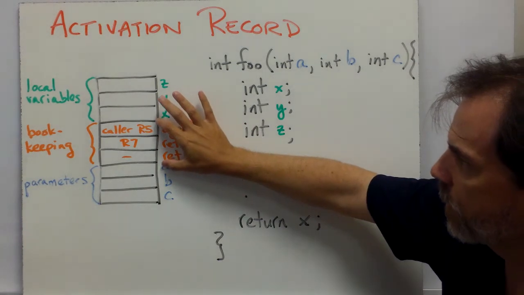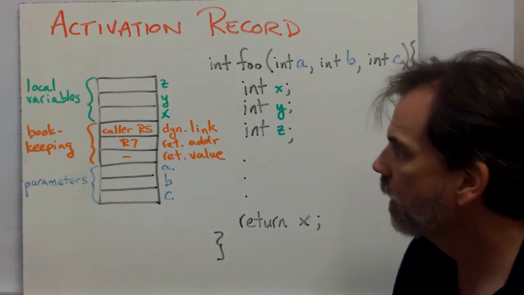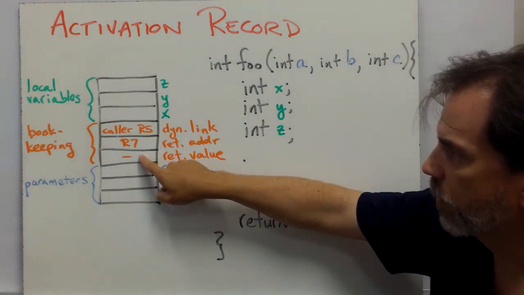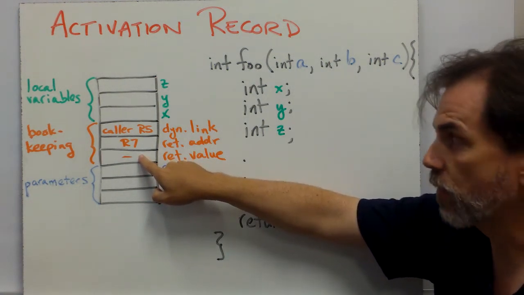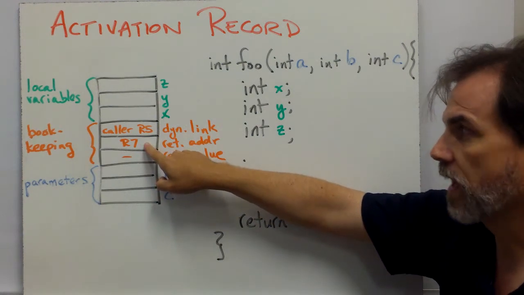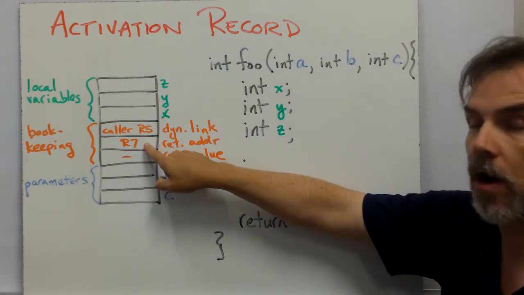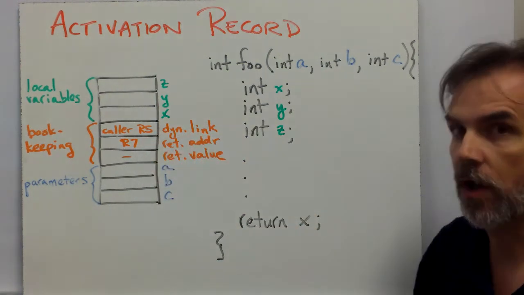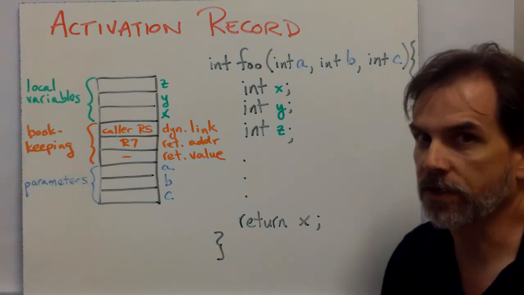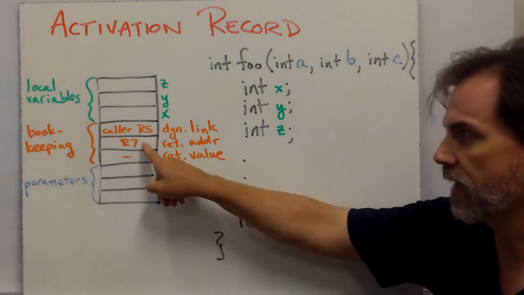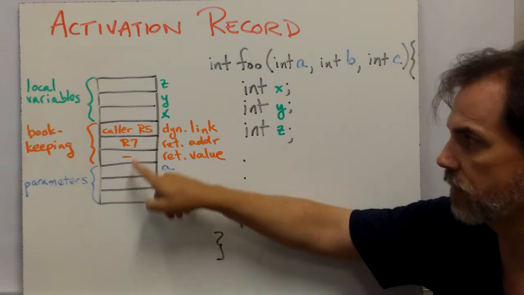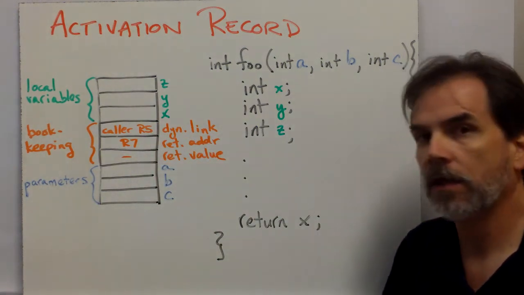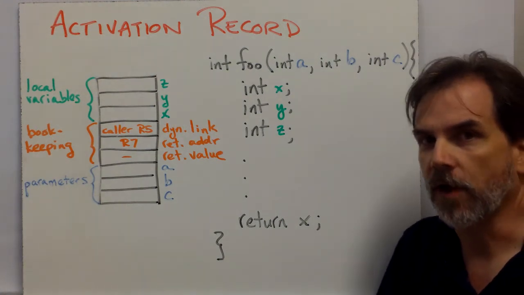Then we have what's called bookkeeping information, and in the LC3 specifically we have space for the return value that the function is going to return. We save a copy of the R7, the return address, because if this function calls another function, the JSR instruction is going to clobber R7, so we need to save a copy of that so that we can get back to the caller. And finally we have what's called the dynamic link, which is the old copy of R5.